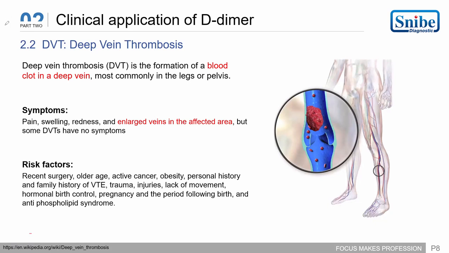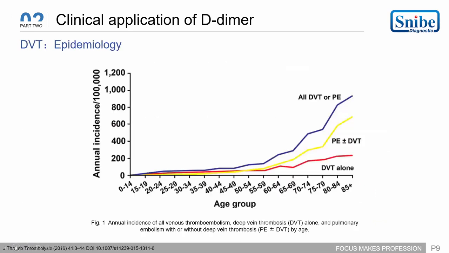If we go further into the epidemiological, the global distribution of DVT, looking at all DVT and PE, meaning deep vein thrombosis and pulmonary embolism, you can see the age factor. After 50 to 59 years or greater than 60 years of age, there is a drastic change in the annual incidence of deep vein thrombosis per 100,000 people.